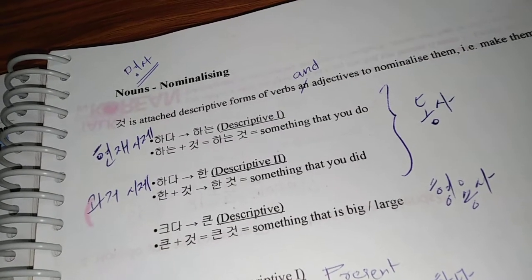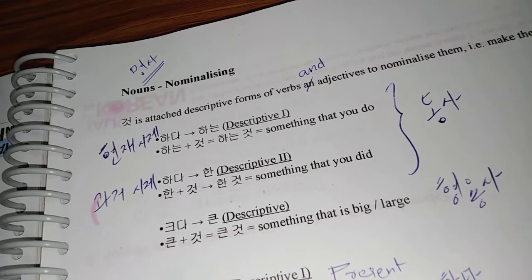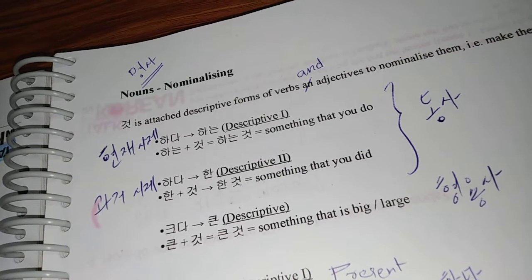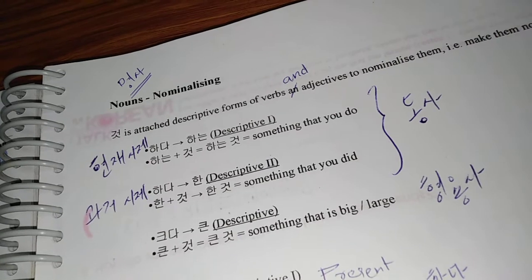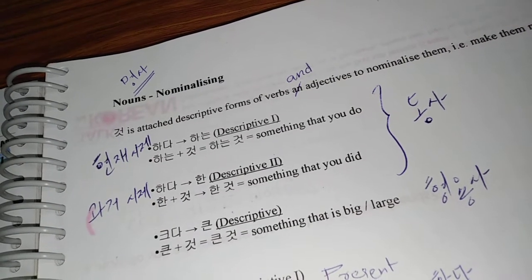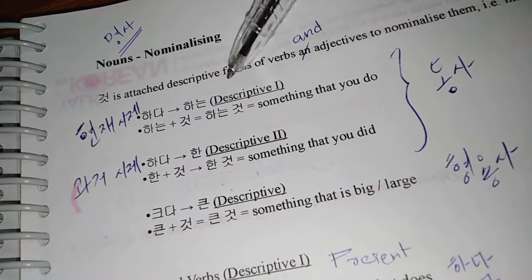So in case you need to say something that you do or somewhere that you're going, instead of just saying doing or going, when you want to be specific about what you're talking about, that's when you use 하는 것.